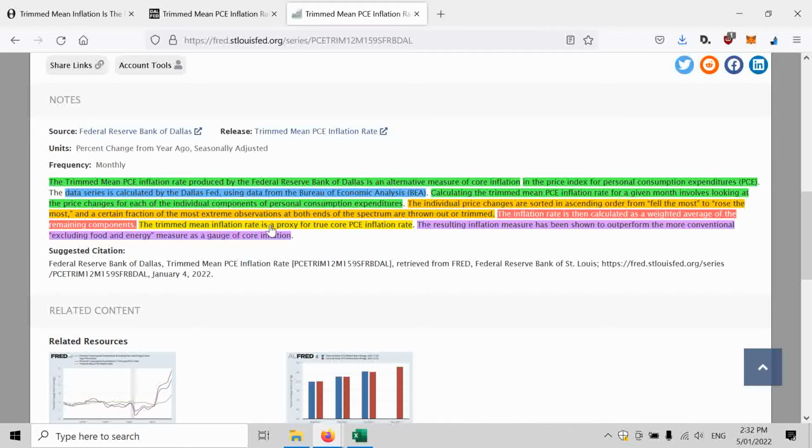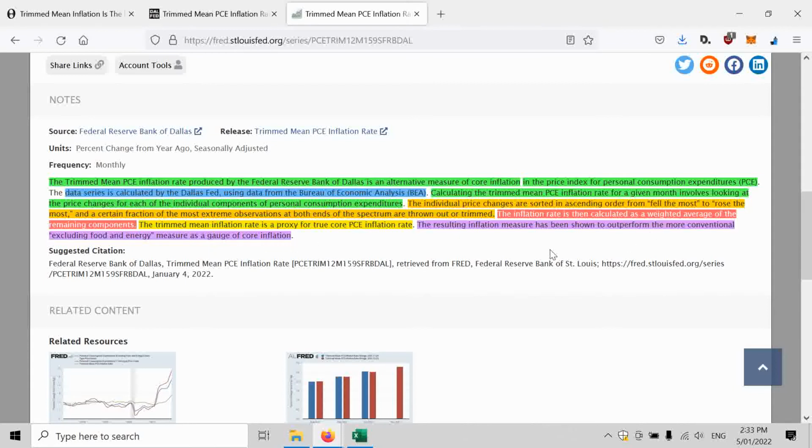Trimmed mean inflation rate is a proxy for the true core PCE inflation rate. So according to them, trimmed mean inflation is a proxy for a true PCE inflation rate. The resulting inflation measure has been shown to outperform the more conventional excluding food and energy measure as a gauge of core inflation.